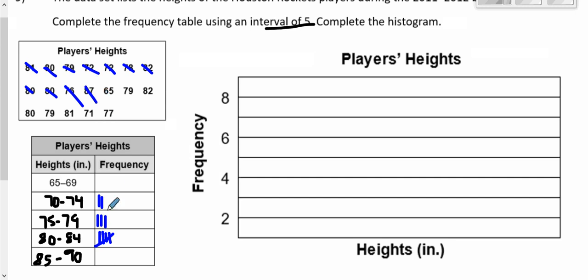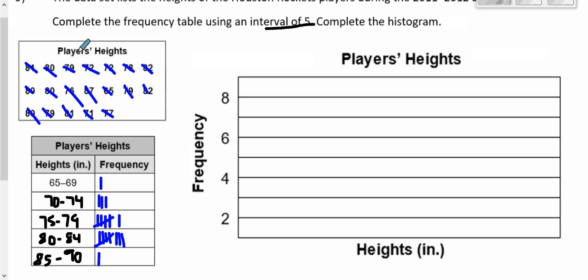An 87. 65, 79, an 82, an 80, a 79, an 81, 71, and a 77 goes there.